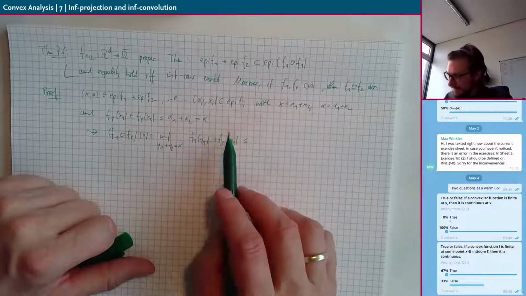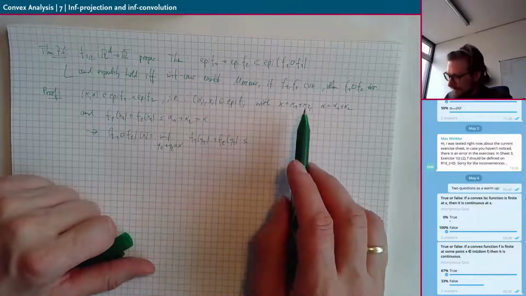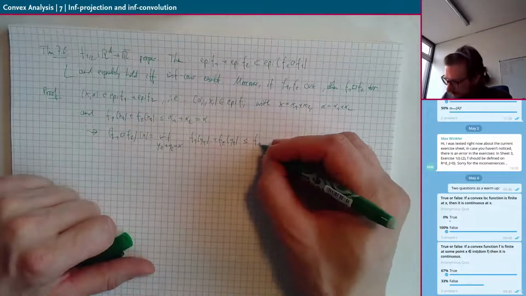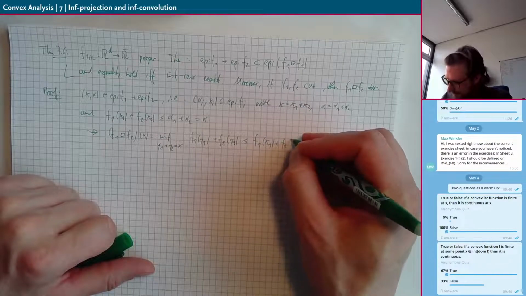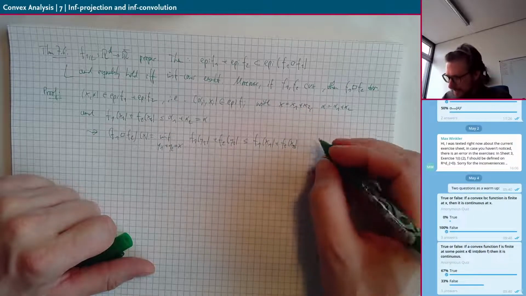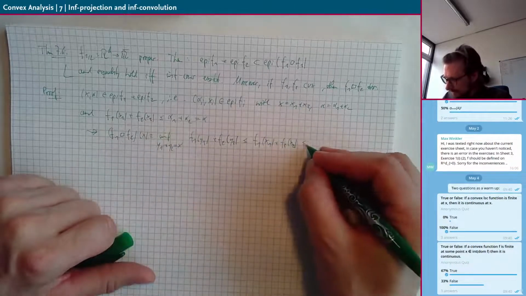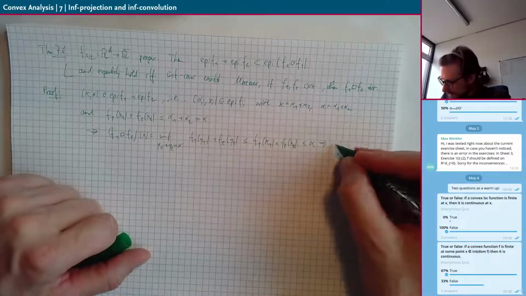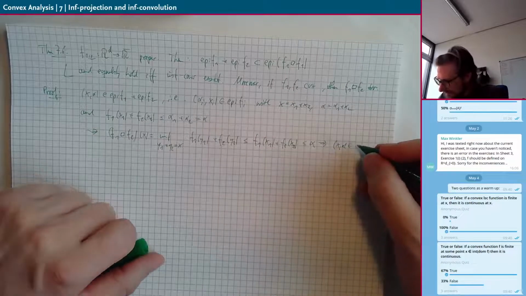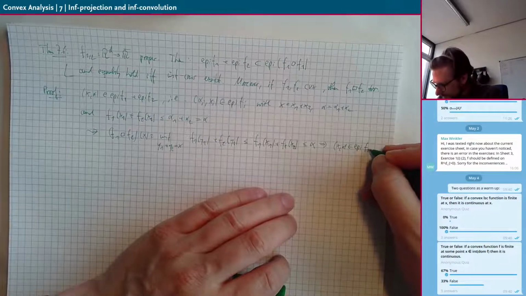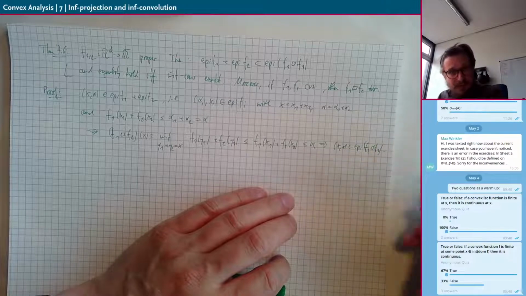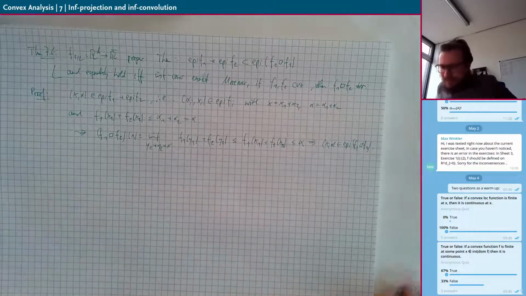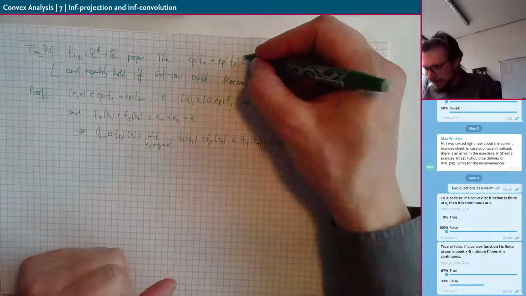If we plug in x1 for y1 and x2 for y2, we get something which is probably larger, f1 of x1 plus f2 of x2, but we have already seen that this is smaller equal alpha. And this means that the tuple (x, alpha) is exactly in the epigraph of the inf-convolution. And that's the inclusion already. Okay, that's nice. So the inclusion is done.